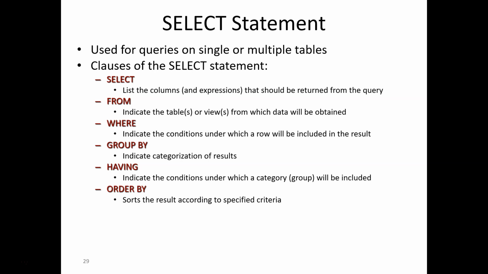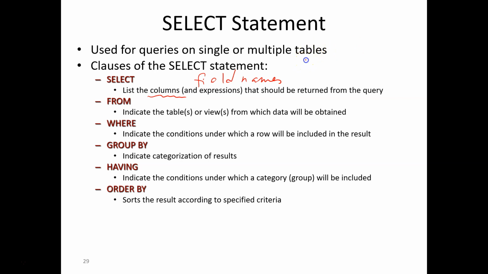Let's take a look at these different clauses in the select statement. The first one, select, will list the columns that should be returned from the query. The select clause is followed by a list of the names of the fields that are going to be returned in the result. Let's say you want to get a list of customer last name, first name, and address.